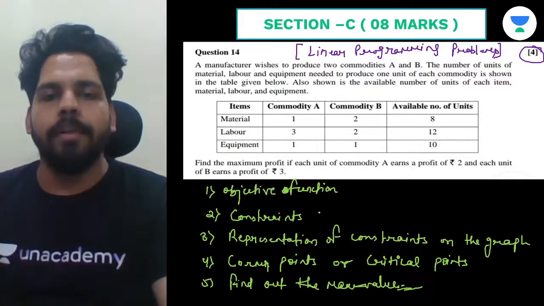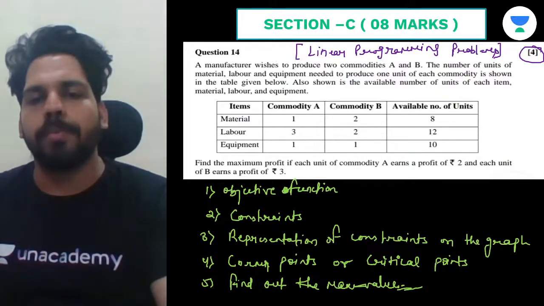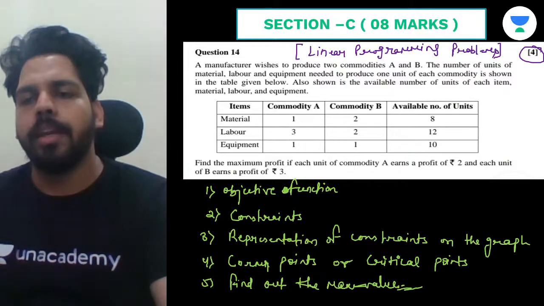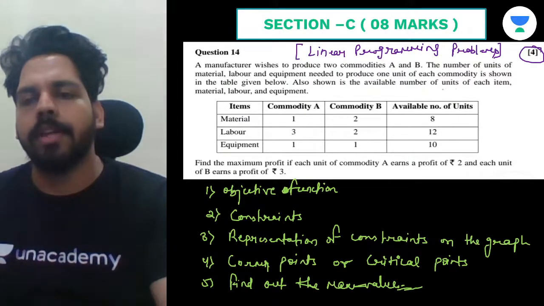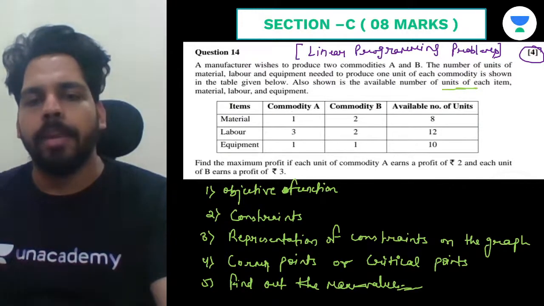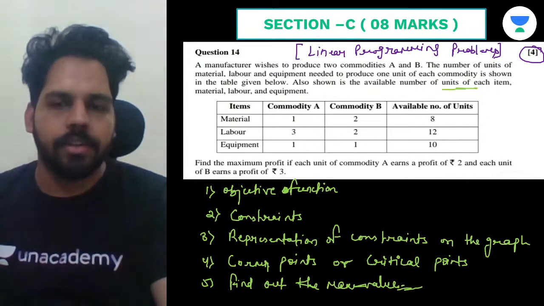First of all, the question says a manufacturer wishes to produce two commodities A and B. The number of units of material, labor and equipment needed to produce 1 unit of each commodity is shown in the table. Also shown is the available number of units of each of them. For material, commodity A needs 1, commodity B needs 2, and the total available number of units is 8.